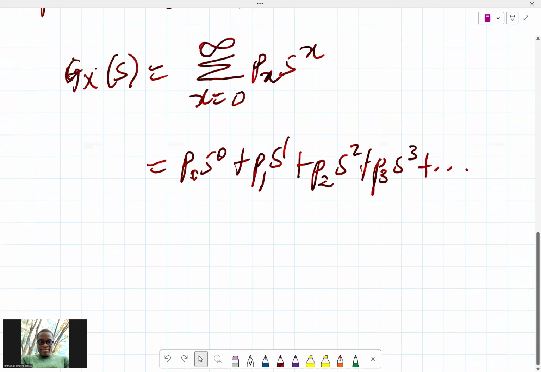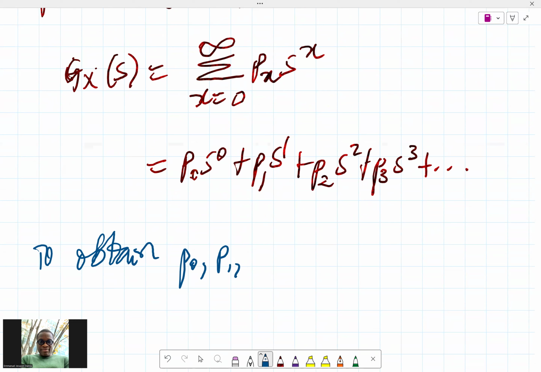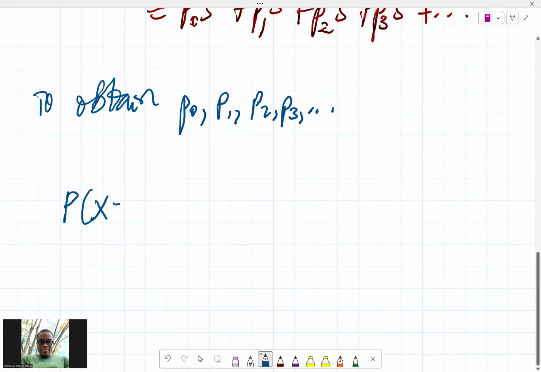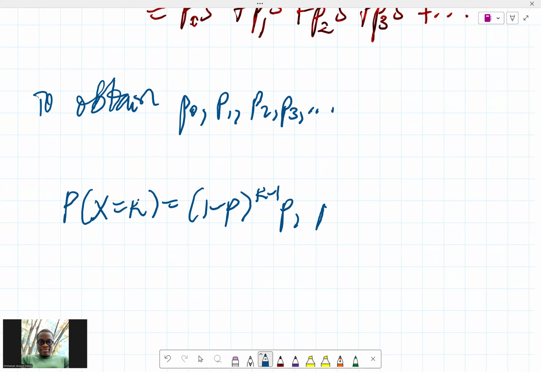So to obtain p0, p1, p2, p3, and so on, we go for the PMF, where the probability that X is equal to k is simply (1 minus p) raised to k minus 1 multiplied by p, knowing that k has to start from 1.